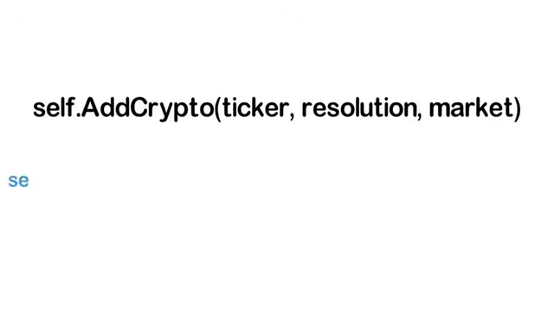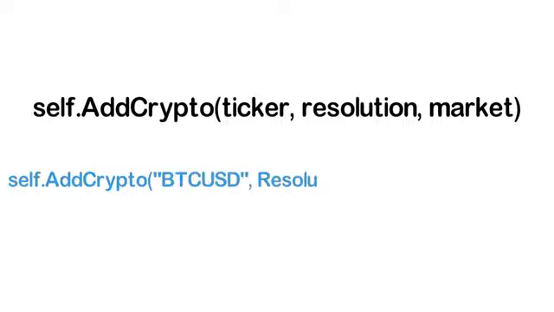Similar to the add equity and add forex methods, there also exists an add crypto method to add the data of a crypto pair to your algorithm. As always, the first argument here simply is the ticker of the pair and the second argument is the resolution. QuantConnect supports everything from tick, second, minute, hourly to daily resolution for cryptos.